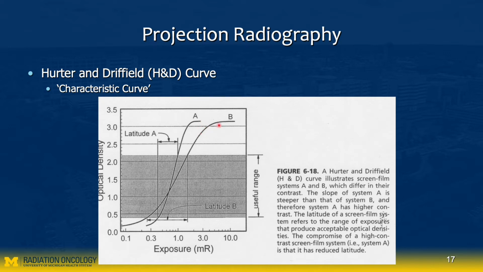Whereas film B still has some room to go even darker. Okay, so film A has a narrower latitude than film B.